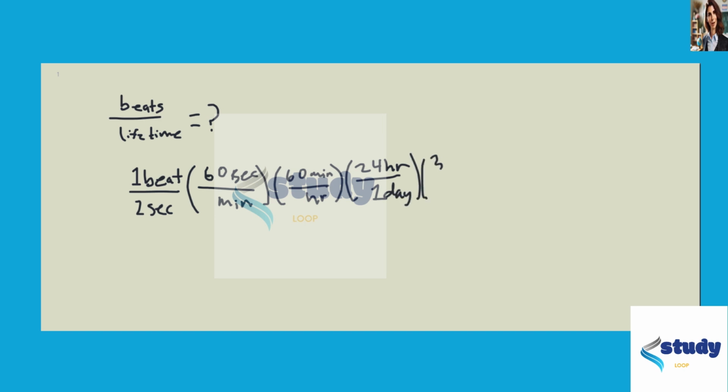And there's 365 days in a year. And so we're going to throw in another approximation and just say the average life expectancy is about 70 years in a lifetime.